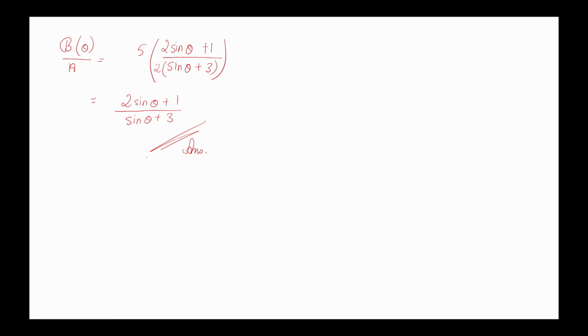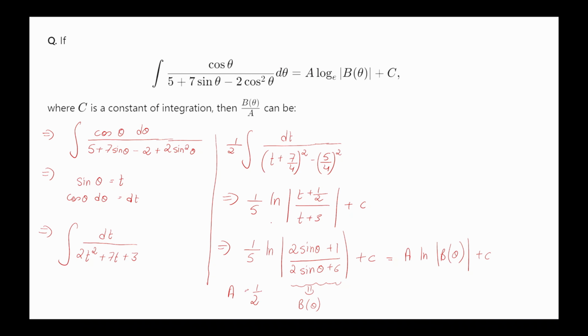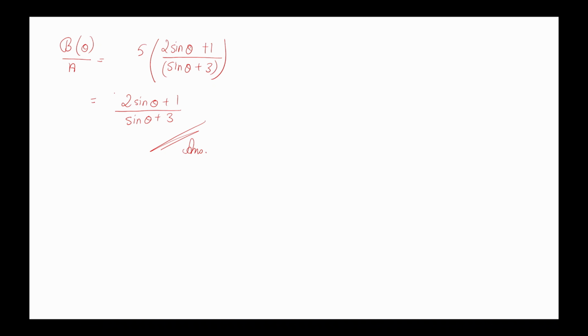Here I would have sine theta plus 3 only, because of course that 2 can be taken common outside, it can be cancelled. So that is why I'm writing it down directly. So from here we would get 2 sine theta plus 1 and a 5 multiplied here. So this becomes my answer.